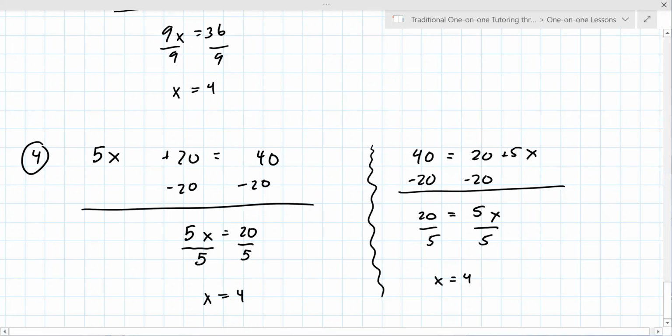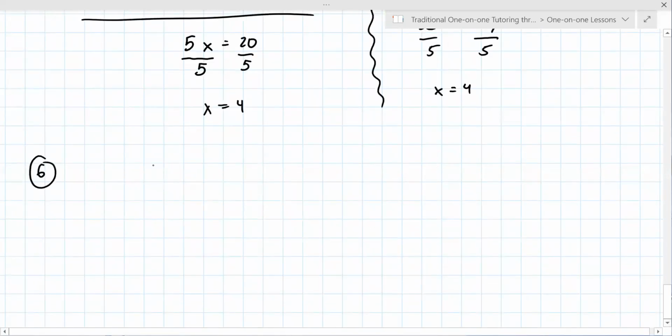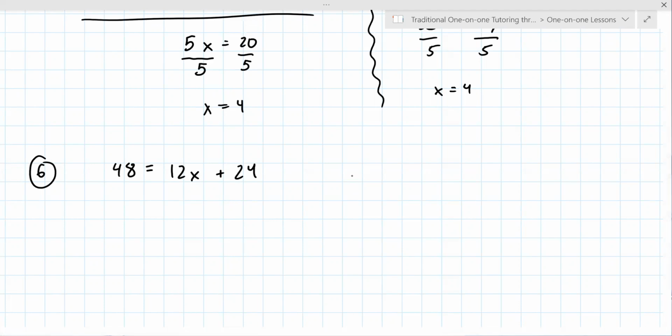Okay, so we'll do one more. Do 6 here. I'm going to just scramble it without writing it out first. Let's go 48 equals 12x plus 24. x equals 2.